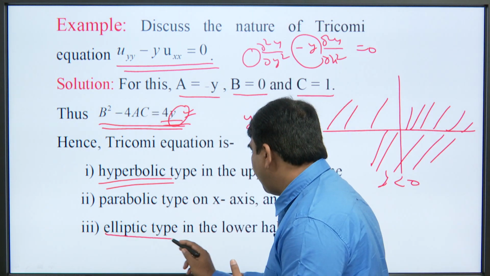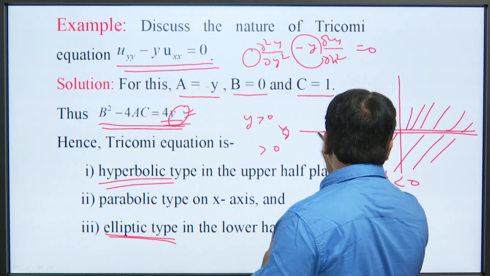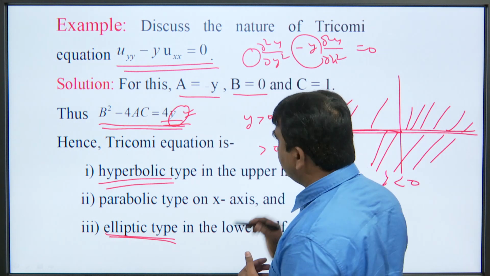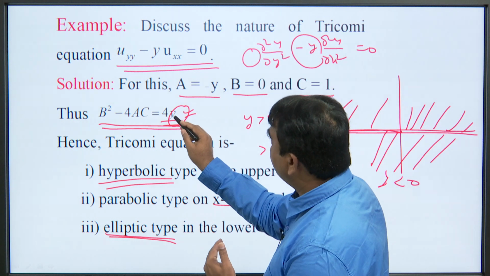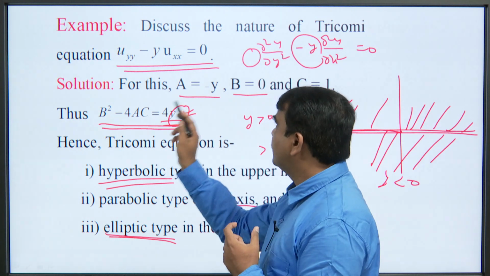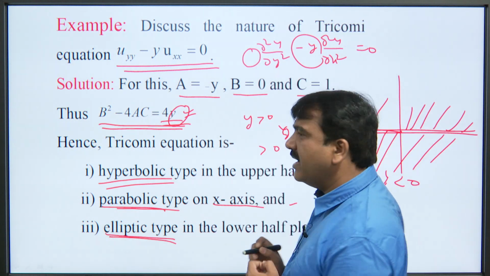So, this will be elliptic in nature in the lower half plane, and on the x axis y is equal to 0, so b square minus 4 a c is 0. So, this Tricomi equation will be parabolic in nature on the x axis.